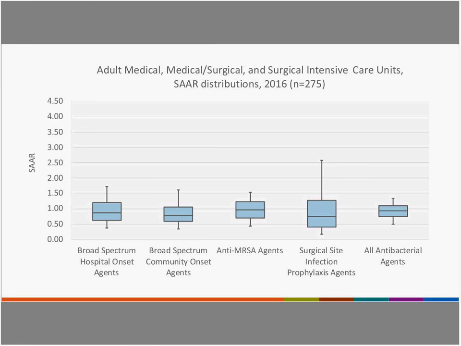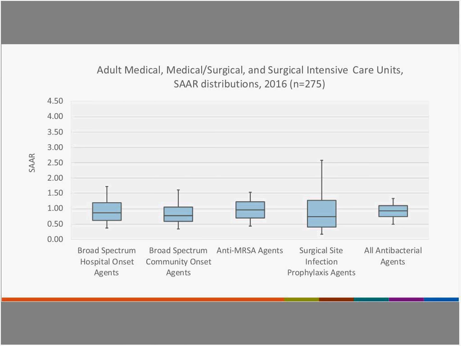In each of these categories, there's roughly a twofold variation between the 75th and 95th percentile of reporting, and that's even more dramatic when you look at the whiskers, the 5th and the 95th percentiles. So what this suggests is that there is quite a bit of variation in how the units in these hospitals are using antibiotics.